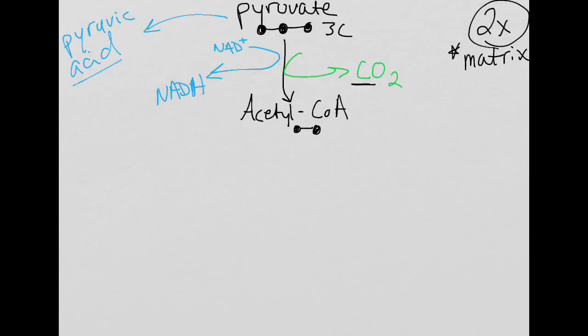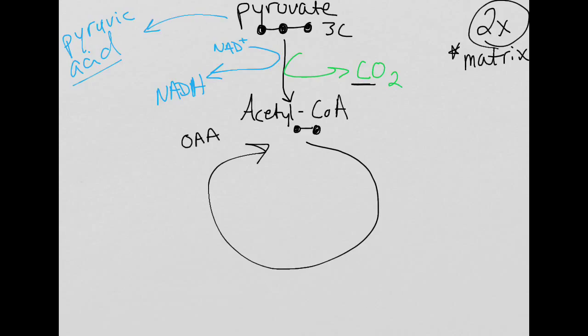And notice the cycle will go around in a circle. And so I'm actually going to start discussing the end product of the cycle that attaches to acetyl-CoA. The end product of the cycle is something called oxaloacetate.